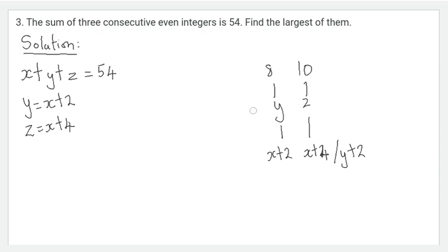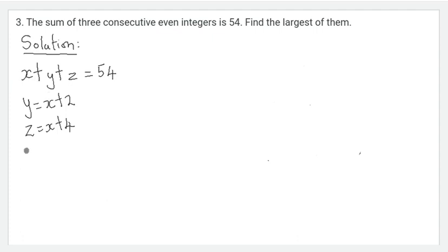If you have questions, you can reach out to me for more clarification. So this is what you're going to use to answer this question and get the largest of the even numbers in the sum. Maybe I should just leave that as it is and then move on.